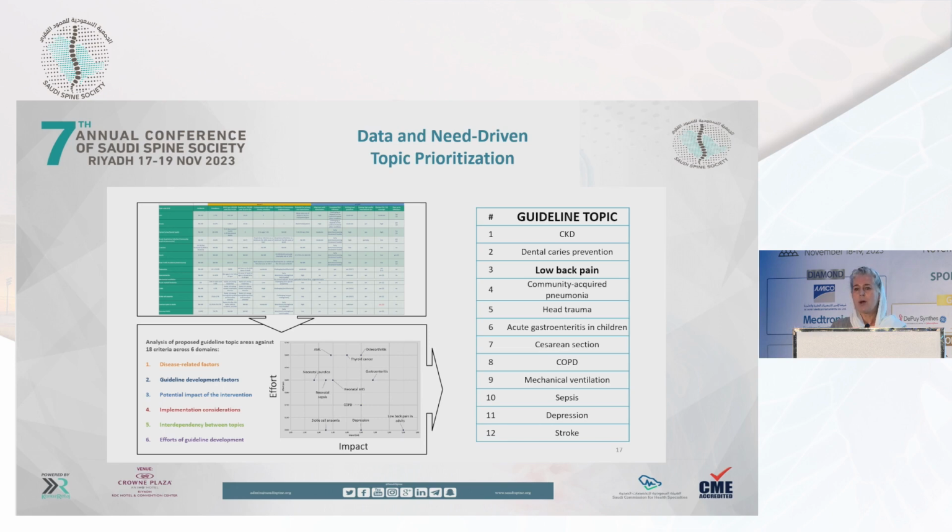So we steered away from those big hitter topics that you might have expected here, such as diabetes, obesity, and so on, in order, of course, to give those national guidelines the precedence. But, of course, there's enough work to go around. So we have ended up with a really eclectic and impactful list, I believe.